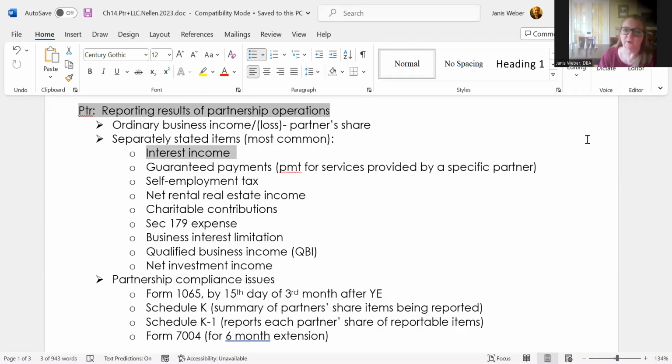And so it could be a salary, but a lot of times it's other things too. It could be some kind of guarantee of some other service that they're providing, but mostly it's because of their effort that you give them a guaranteed payment. But there are other things you could give them a guarantee of, like property rentals or some other thing that they're providing that is not being provided by the other partners.